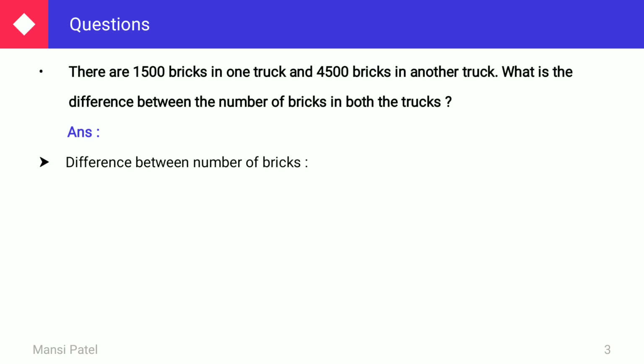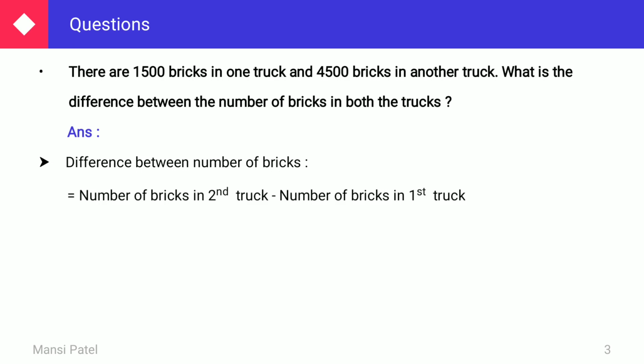Whenever you have to do subtraction, please remember one thing: the truck which has the maximum number of bricks, you have to write down first. In the second truck maximum bricks are there. So from the second number we have to subtract the first truck's bricks: the number of bricks in second truck minus the number of bricks in first truck.